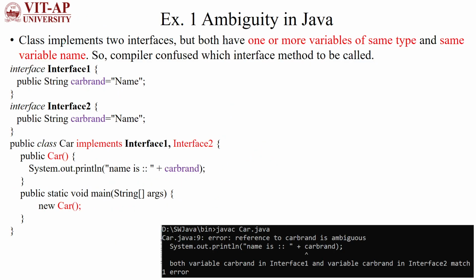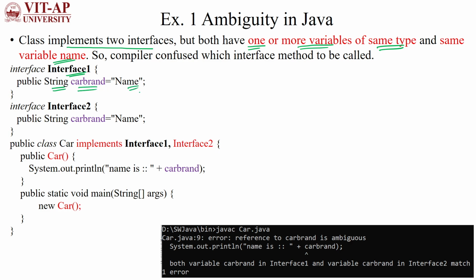Then we have seen the ambiguity in Java. Here the class is implementing two interfaces, but both have one or more variables with the same type and a similar name. For example, here interface 1 is defined with a variable of string data type, named carBrand.